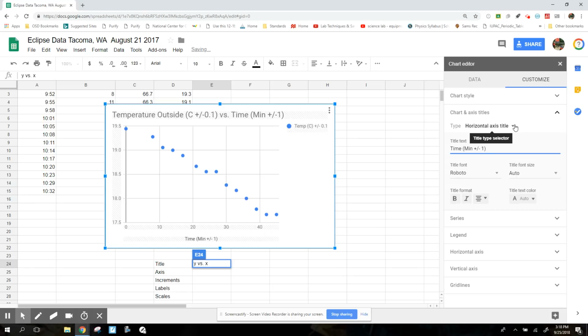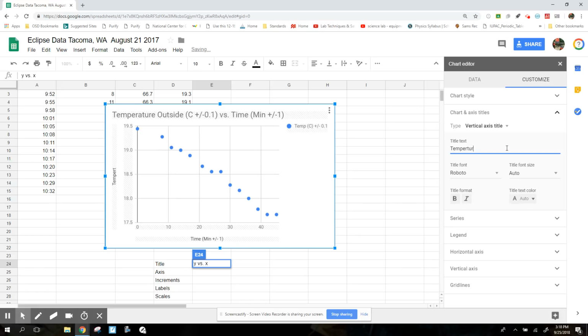And then to change to your vertical, you click on the same spot and say vertical. And you say here temperature in Celsius, parenthesis, Celsius plus or minus 0.1.